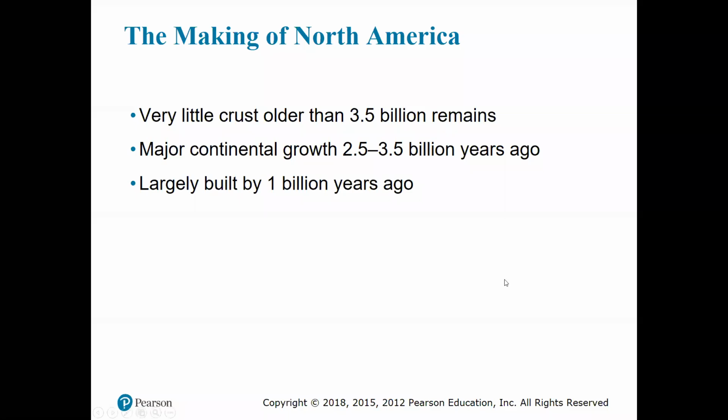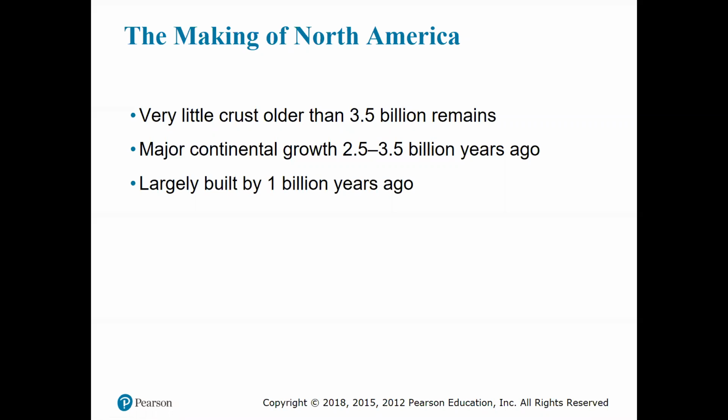If we focus in on North America and how it came to be, we actually get a really good example of this kind of piecemeal assembly of the continental crust into an actual continent.